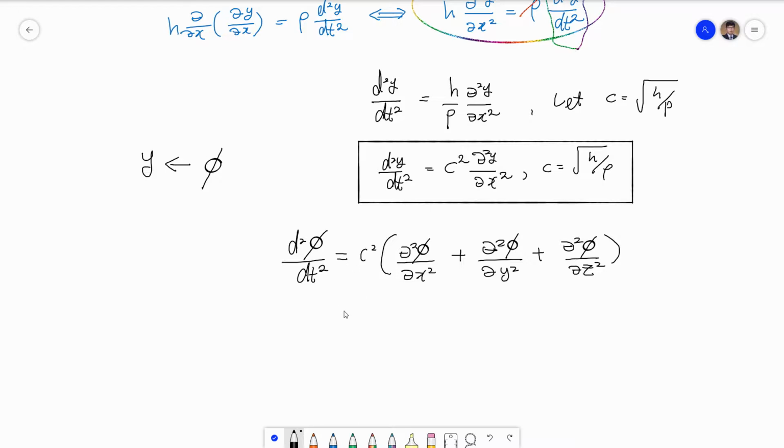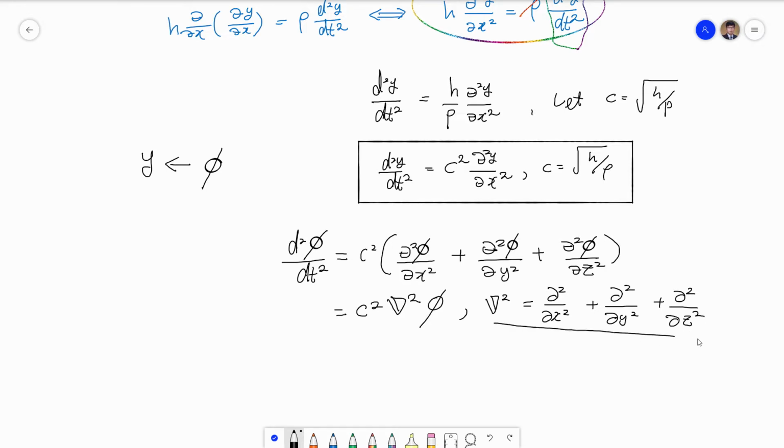We sometimes also write equals c square del square phi, where del square is the Laplacian operator, partial square over partial x square plus partial square over partial y square plus partial square over partial z square.